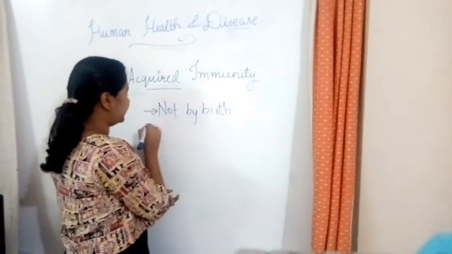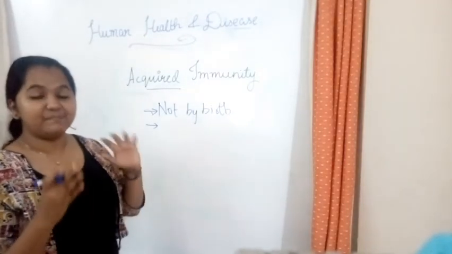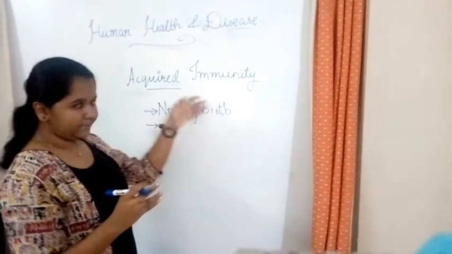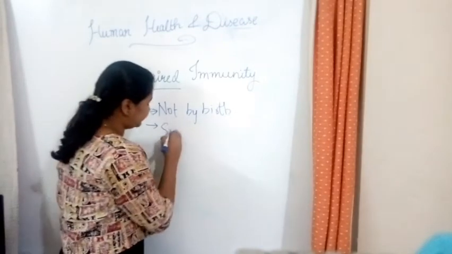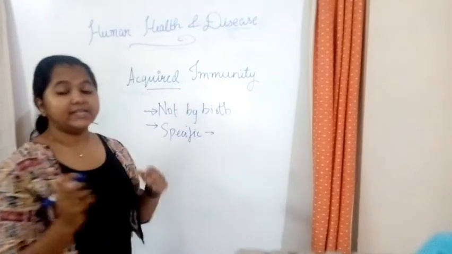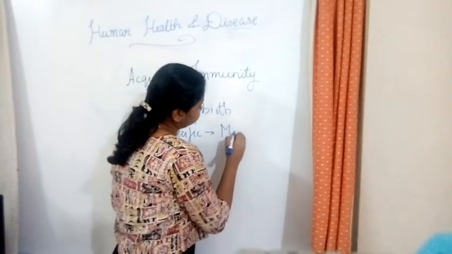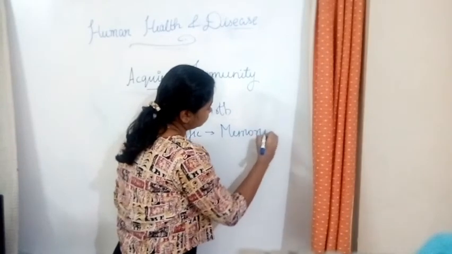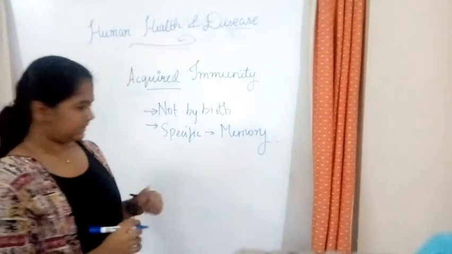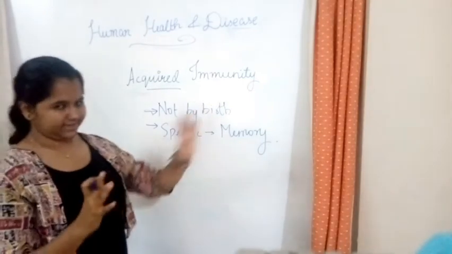And the second one is that it is specific. It is a pathogen-specific immune response. Specific in the sense that it is characterized by memory. I hope you might have understood how memory works. I'll tell you everything in detail.